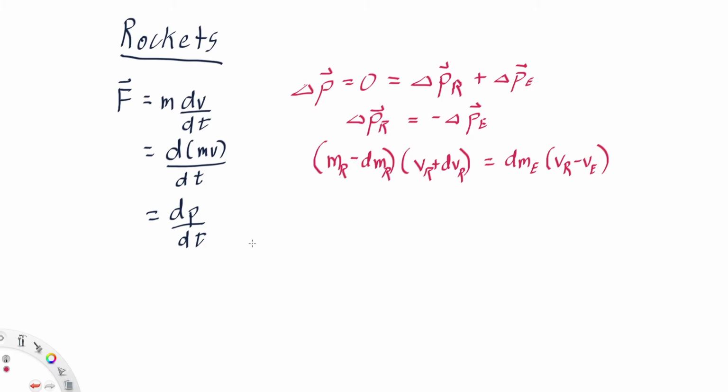Okay, so now we do some expansion. We've got two binomials on the left-hand side. We're going to FOIL those out.